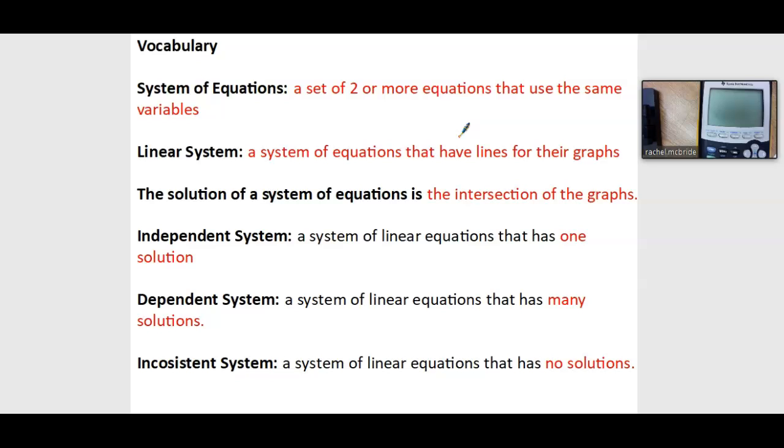So linear systems of equations are in two variables, x and y. We also have systems of equations that are in three variables because we have three-dimensional systems, and those variables are commonly x, y, and z, or a, b, and c.